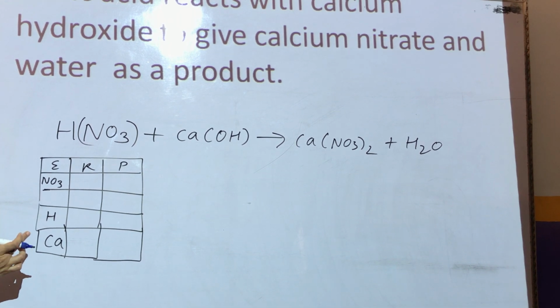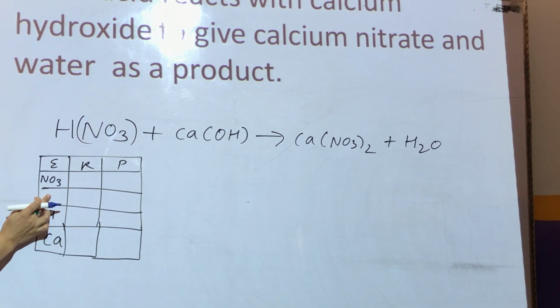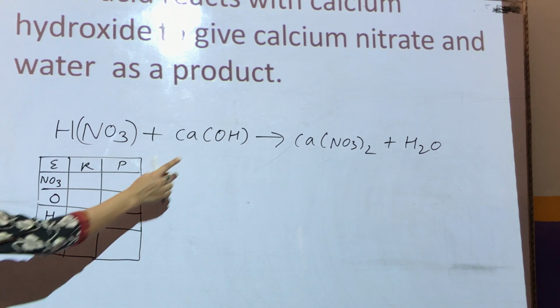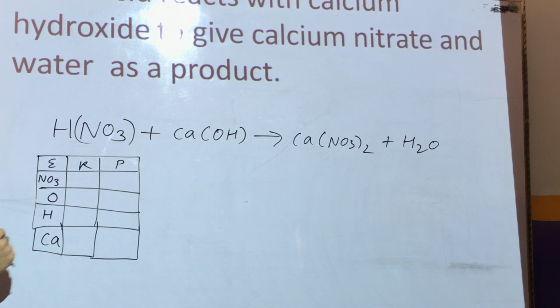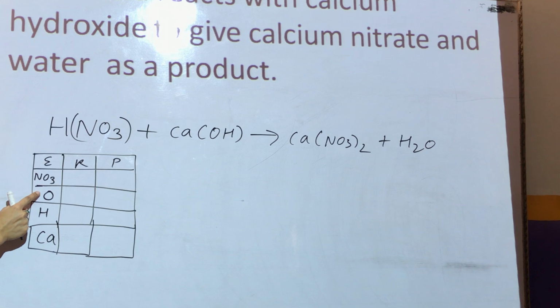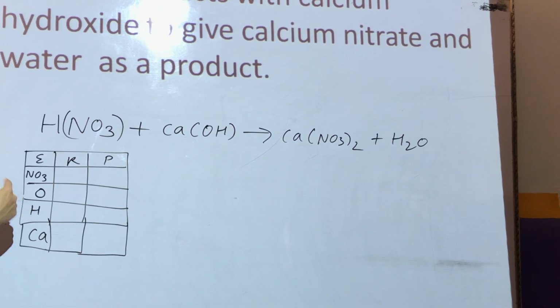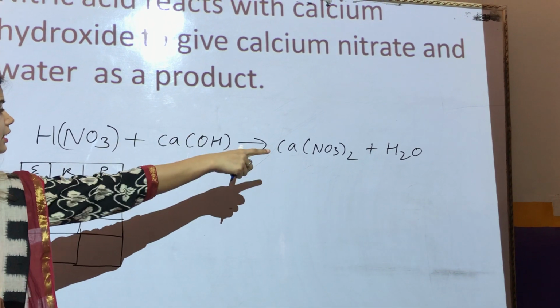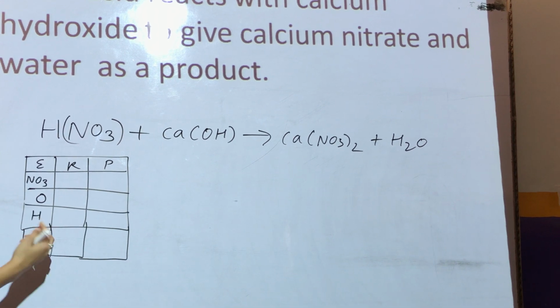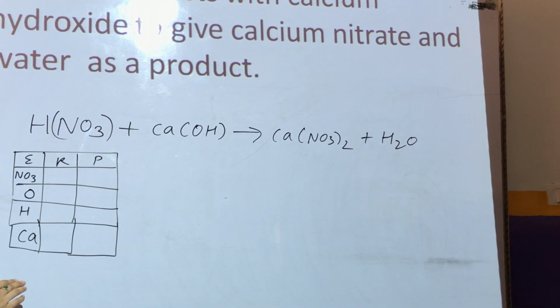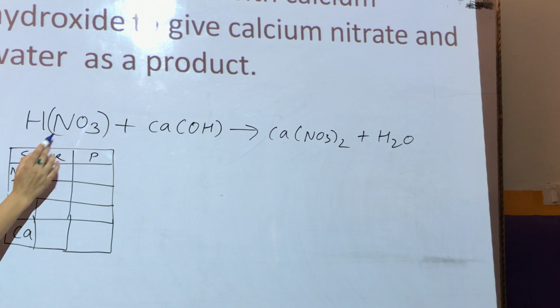So what will we consider instead? We will consider oxygen and hydrogen separately, because here O is for oxygen and H is for hydrogen. If the OH ion were present on that side, then we would have considered it as a hydroxide ion. I hope this is clear. Now nitrate.